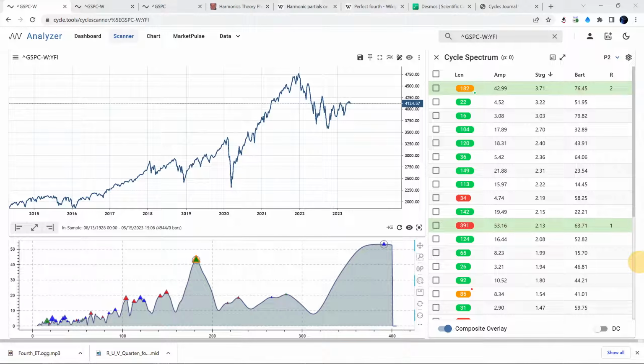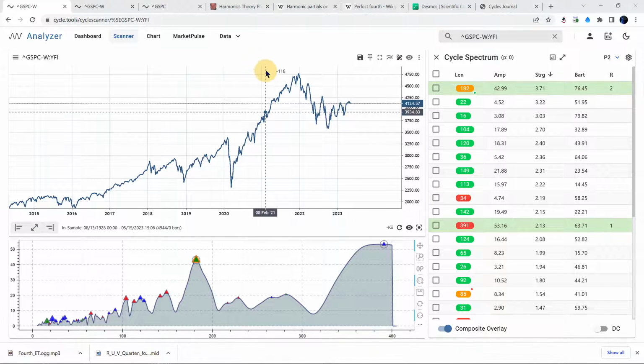Okay, let's start with the long-term cycles on the S&P weekly. Therefore, I will start using a long-term view, let me go to the chart here, using weekly data on the S&P 500.